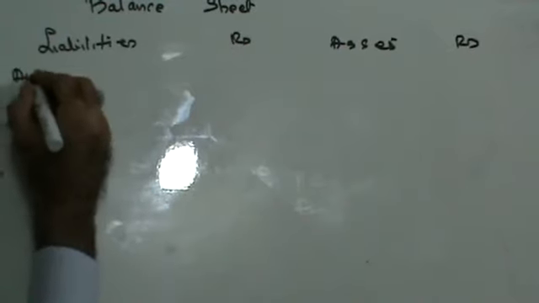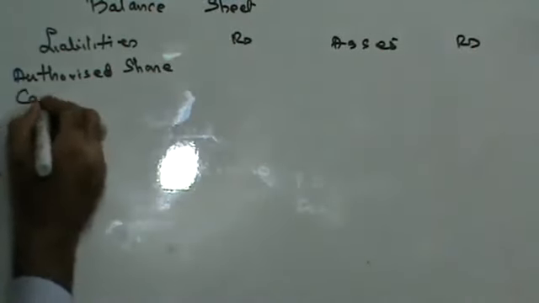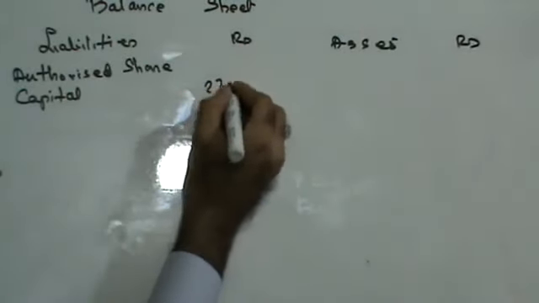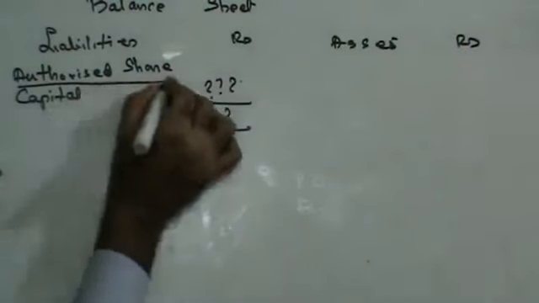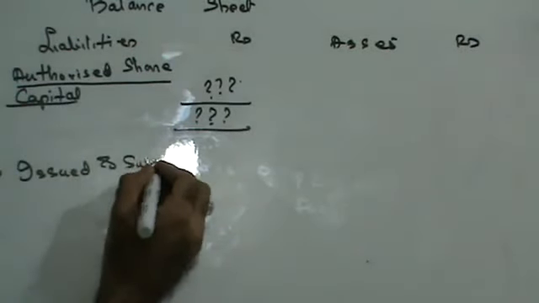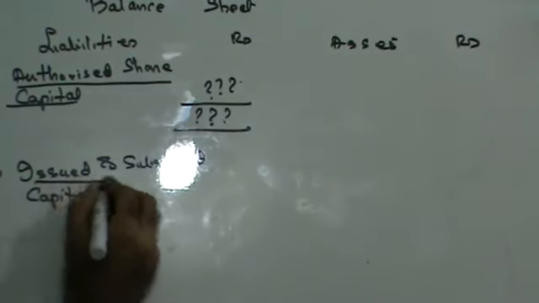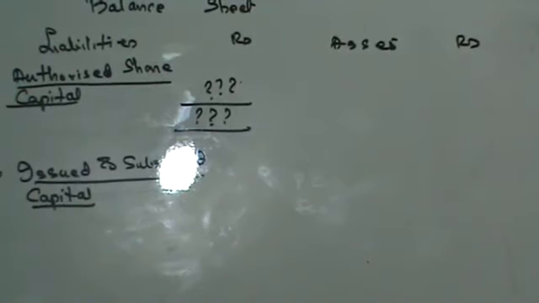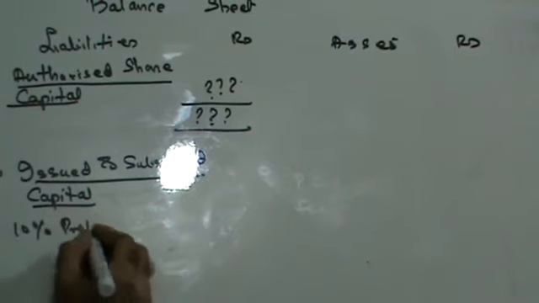Authorized share capital. Question mark. Tally that off. Question mark. Issued and subscribed capital. You have 10% preference share capital. Now, as per the balance sheet, your preference share capital is 6 lakhs.